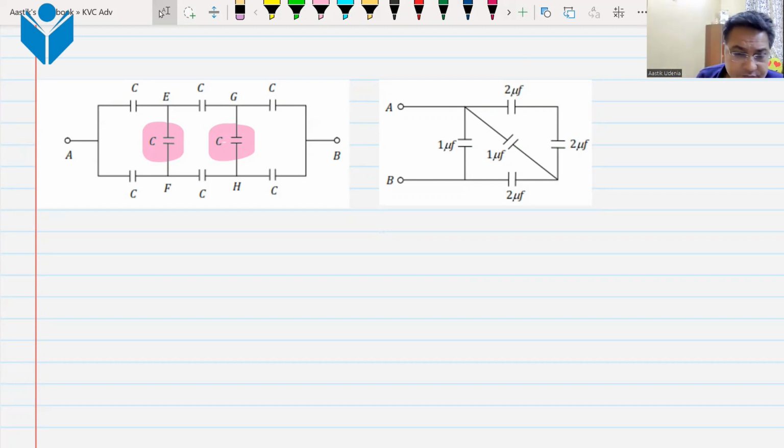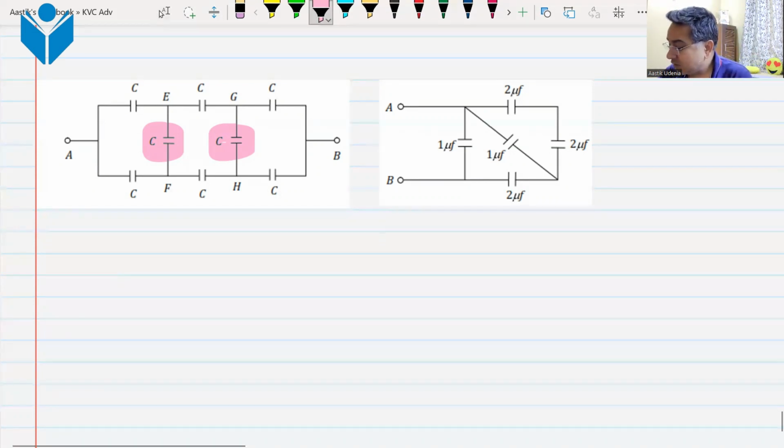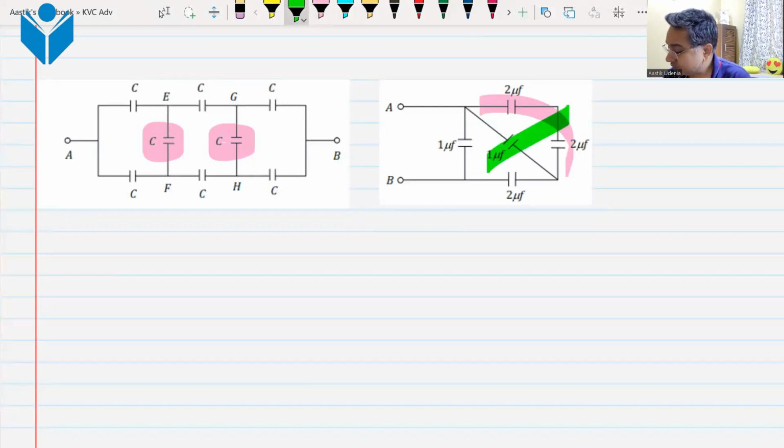Yes? 2, sir. This is again of that same type. These two are in series, so it becomes 1. Then it becomes 2, because they are in parallel. Yes or no? Yes, sir.